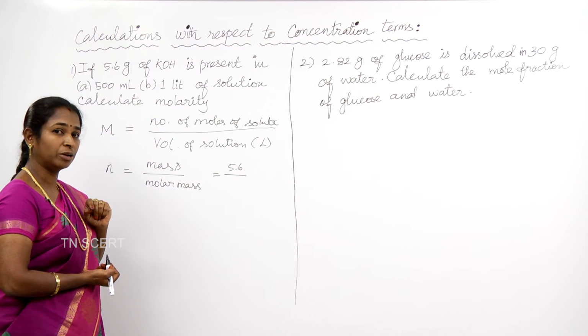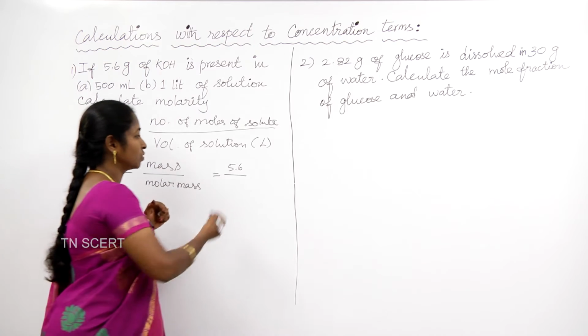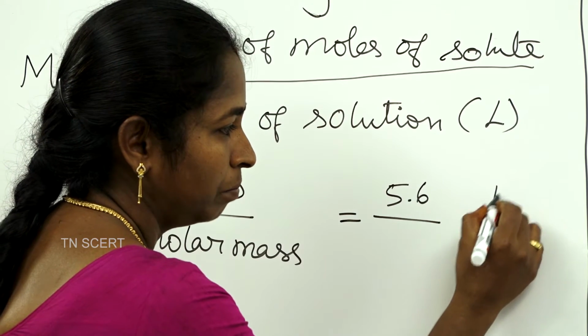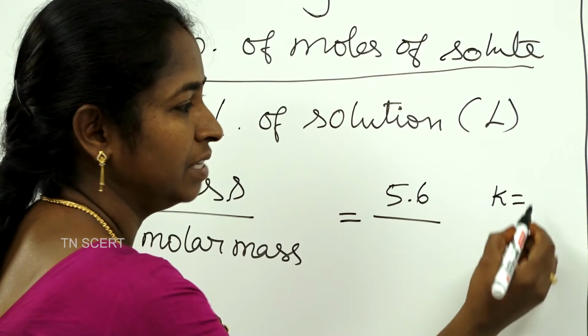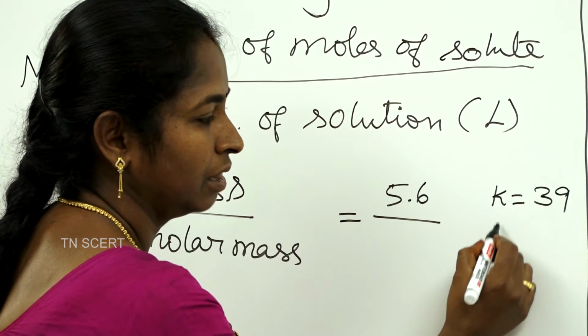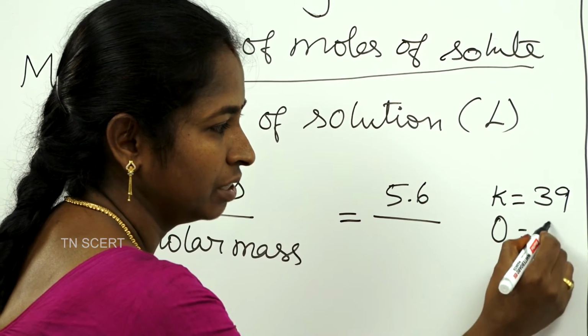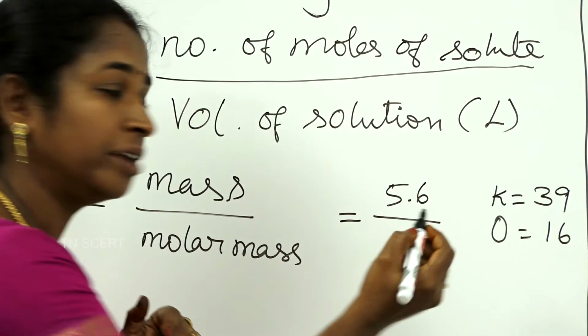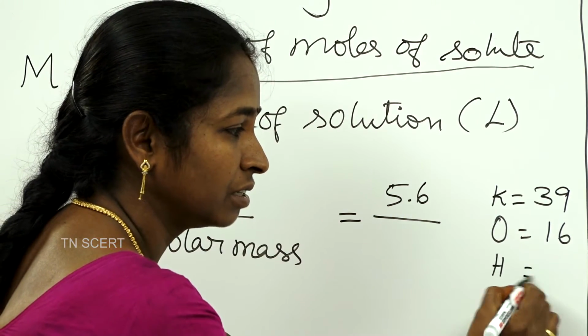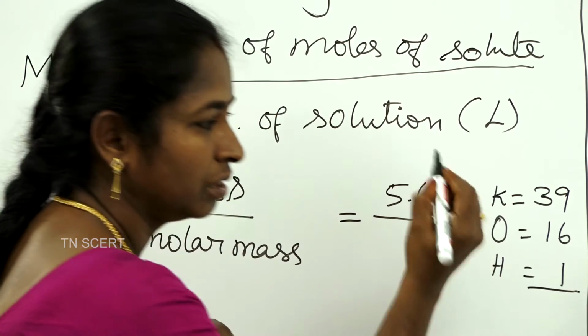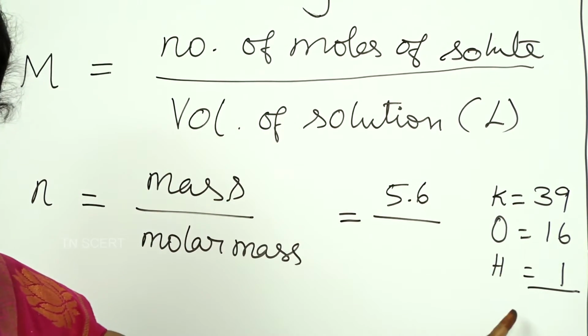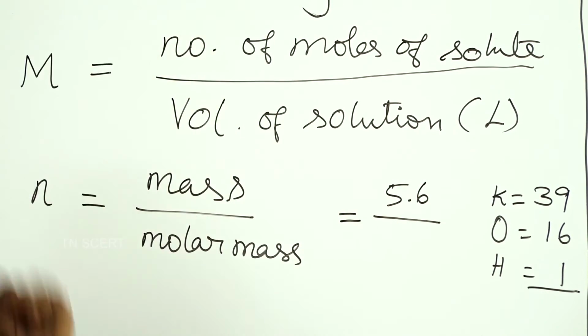How to calculate molar mass? In your earlier classes you studied that mass of potassium is 39, mass of oxygen 16 and mass of hydrogen is 1. The total of these masses will give you the molar mass of KOH.